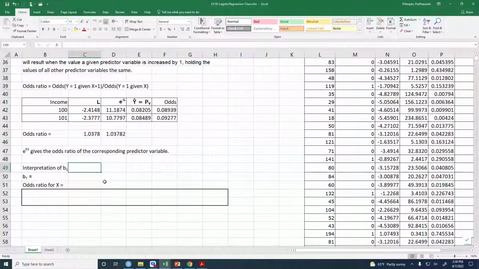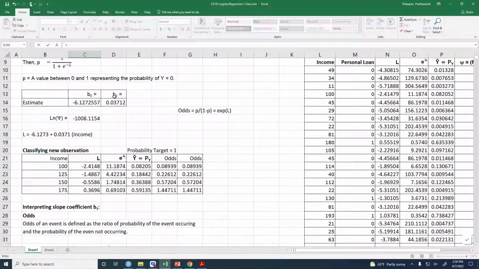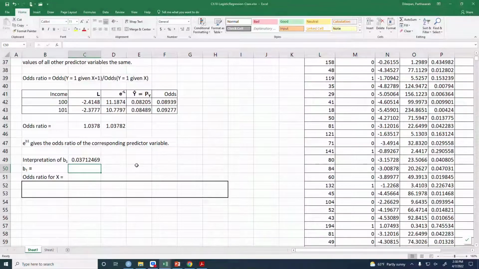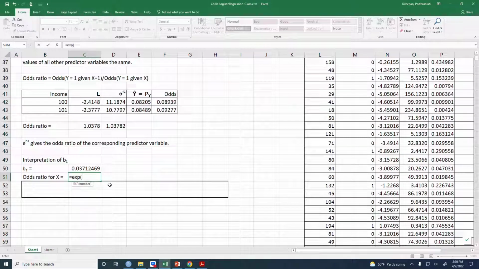So we can now do an interpretation of the slope. Now the interpretation for B sub 1 is that odds ratio is exp of that.